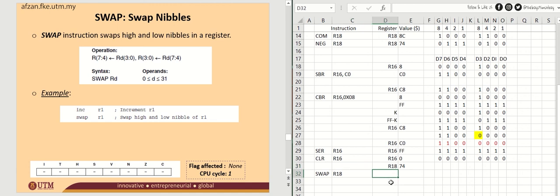After you execute this swap instruction, bit 0 to bit 3 swap position to bit 7 to bit 4, while bit 4 to bit 7 swap position with here. So your R18 now has the new value 47. You have done a swap operation.